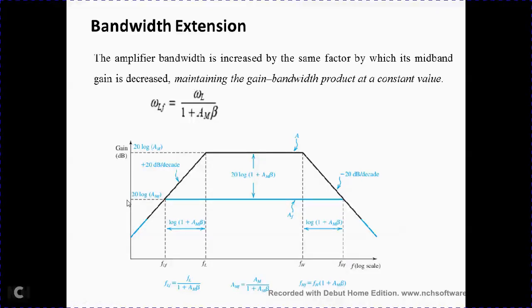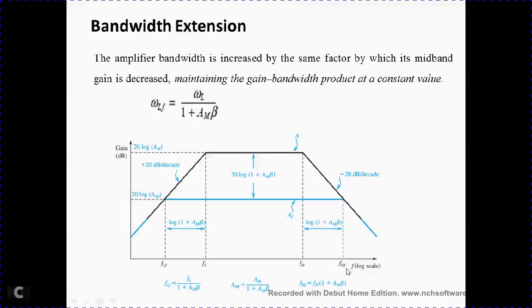It is a disadvantage, but you can observe here that the bandwidth is increased. Earlier, without feedback, it is FH minus FL, so this is the bandwidth. Now if we have feedback, gain will reduce, of course, but bandwidth increases.